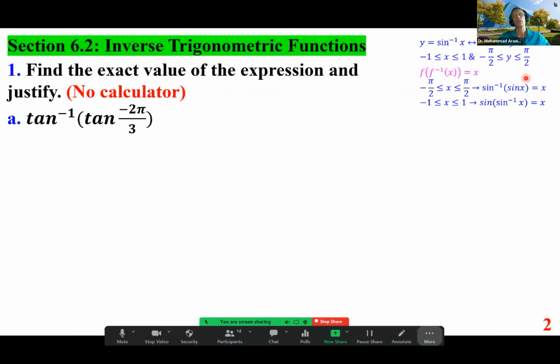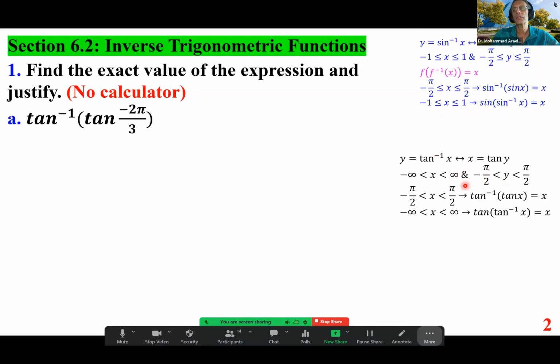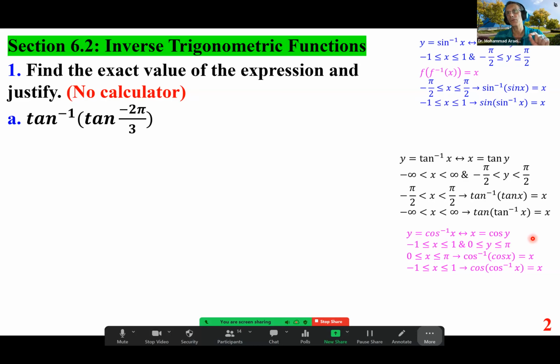This is the composite function of inverse functions, okay? As far as the tangent is concerned, it is pretty much like sine, the only thing is the endpoints are not included. Very similar to that. Cosine, the same thing. The difference is that the restriction that we put on cosine was from 0 to pi, in order to cover the entire range of -1 to 1.